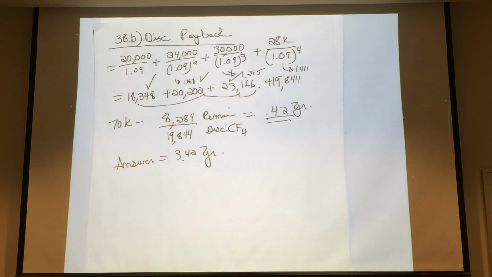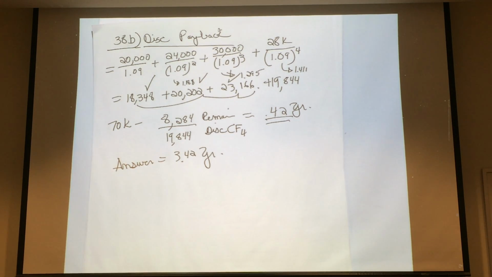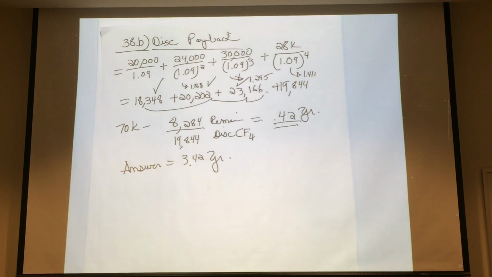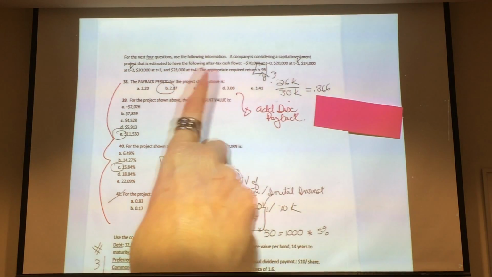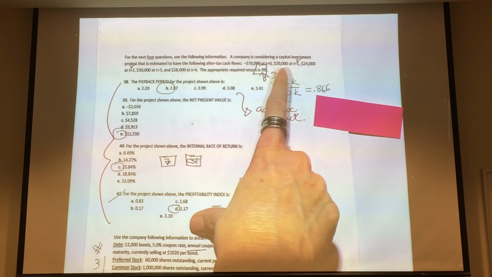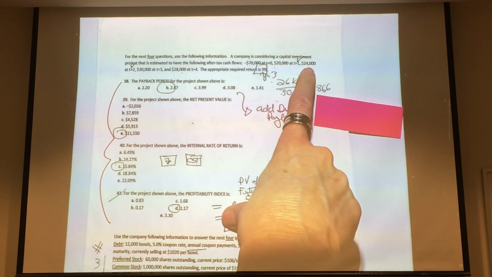Can you do the payback period again? A simple payback period is you take that initial cash flow and you subtract out every single cash flow until you're covered. Like here, I took the $70,000, I subtracted out the 20,000, I subtracted out the 24,000.